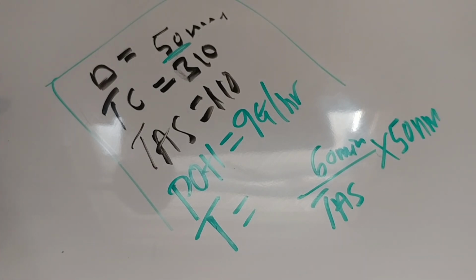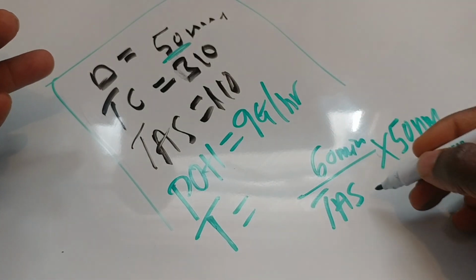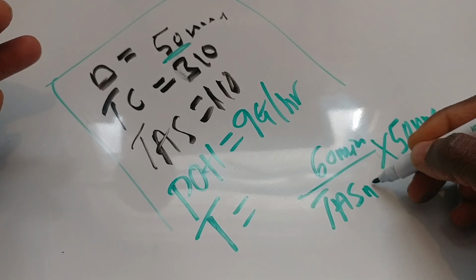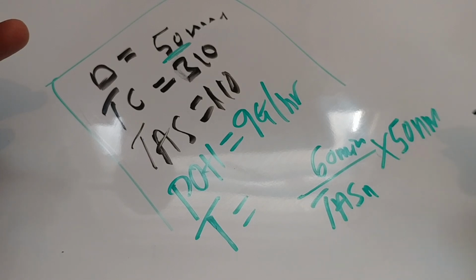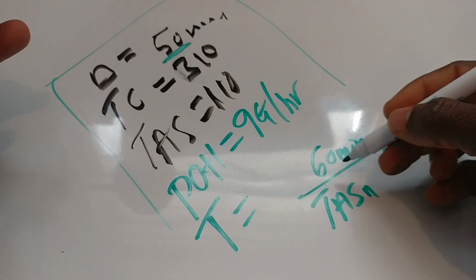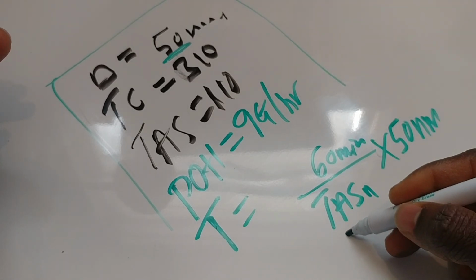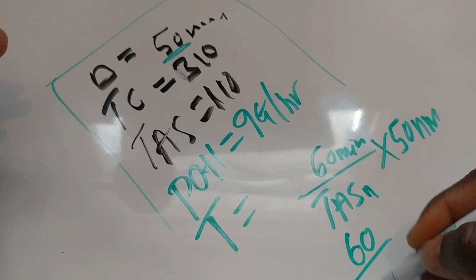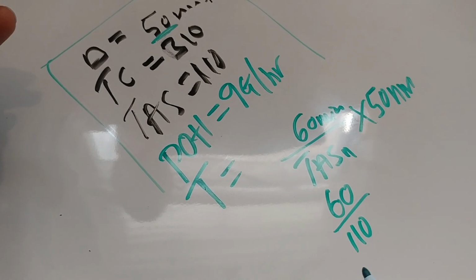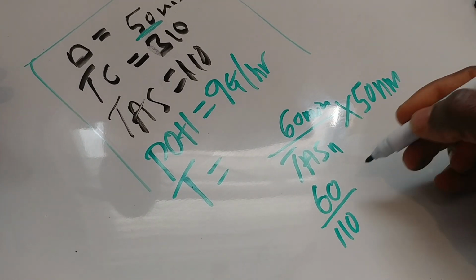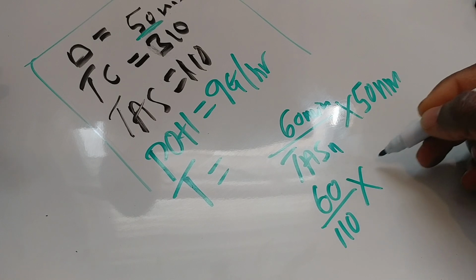Remember the true airspeed is also in knots. You see what I'm saying? This is in knots and this is in knots, so this is going to cancel and leave the minutes. So it's going to be 60 divided by 110, times 50.